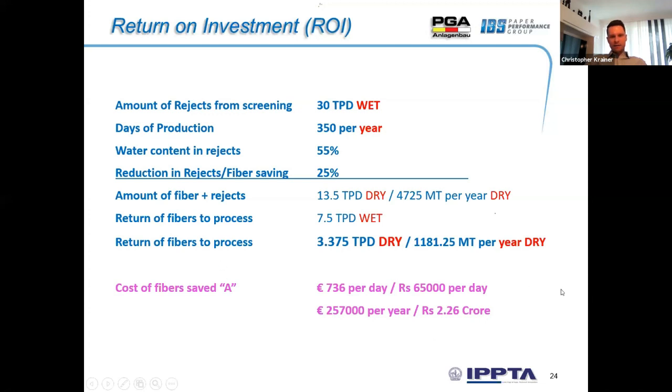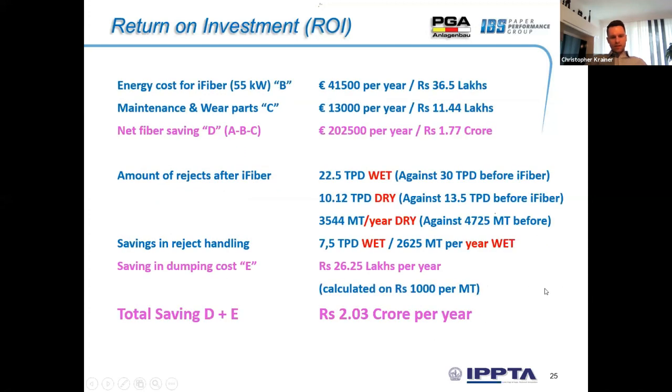We have saving of fibers. Of course, we still have to deduct energy costs and maintenance wear parts. Results in a net saving of 1.77 crore. Furthermore, if we return more fibers to the process, the reject quantities are of course also reduced. With the calculated 25%, we get the following results.